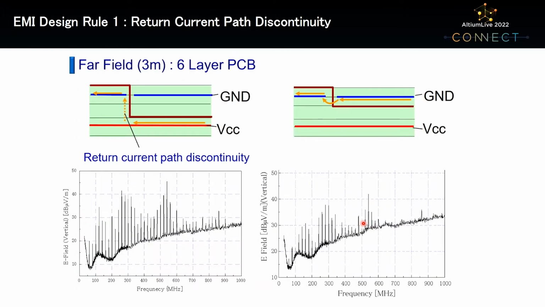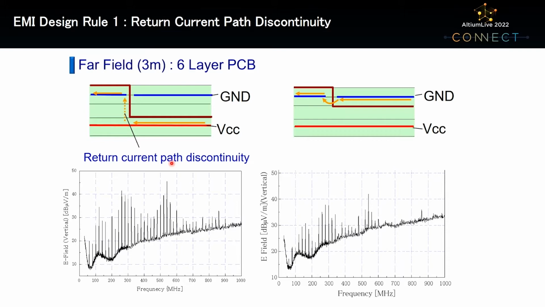This is a case of a 6-layer PCB. On the left side, the signal trace runs on the top and fourth layer. It goes through a via. There is a ground plane on the second layer and a power plane on the fifth layer. The return current path flows mainly through the nearest plane from the signal trace.